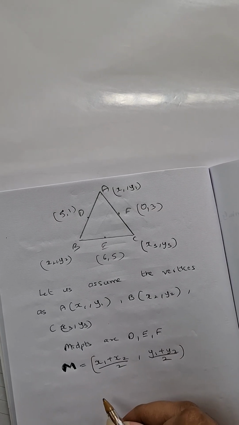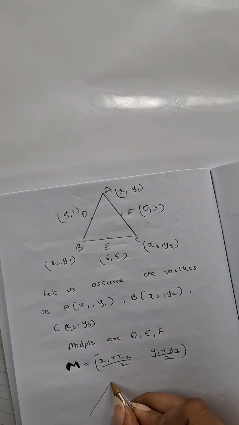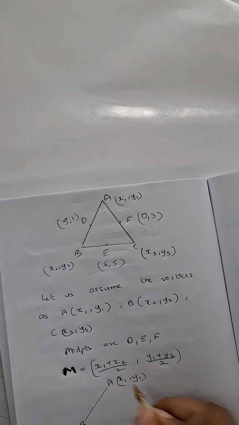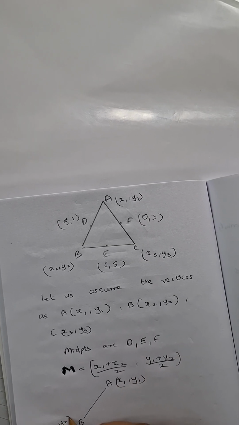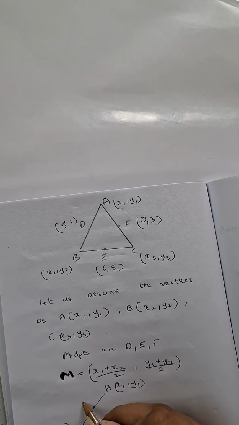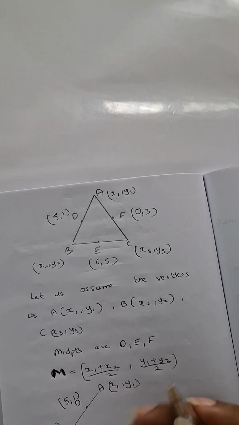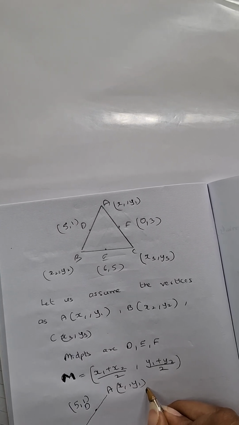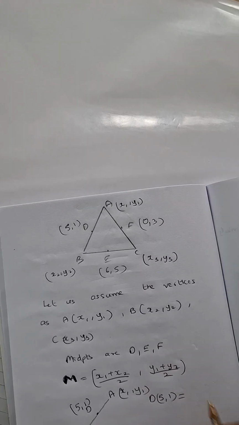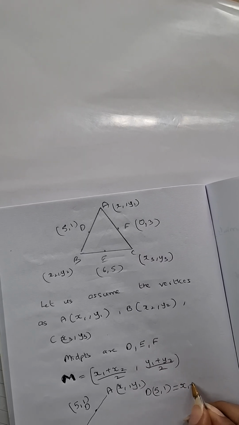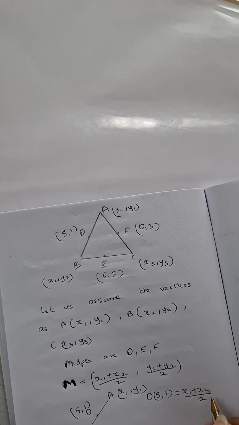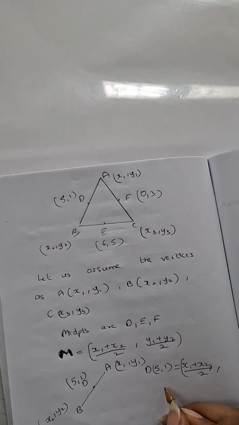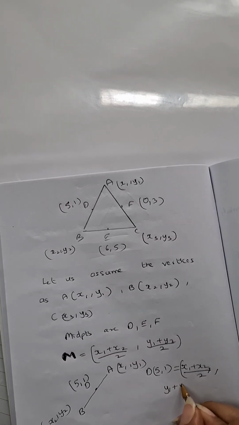So let's take the line AB, with A (x1, y1) and B (x2, y2), and the midpoint here is D, which is (5, 1). So let's implement the formula. D (5, 1) is equal to (x1 plus x2 by 2, y1 plus y2 by 2).